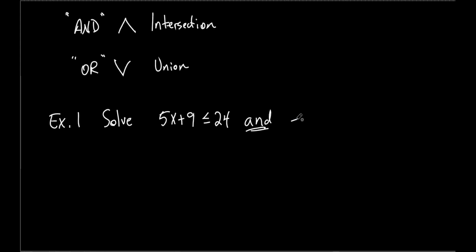And you'll see when we graph this what I mean by the intersection and the union and all that good stuff. Minus 7 is greater than 14. So right now, it's basically just two separate problems. But when we graph it, the graph's a little different than what you graphed earlier. All right, so let's just do these just normal.